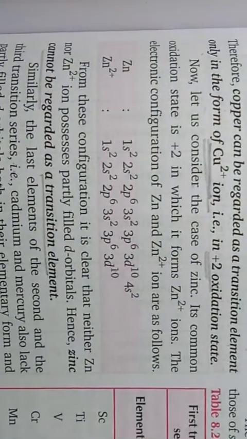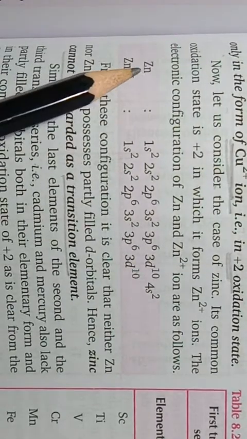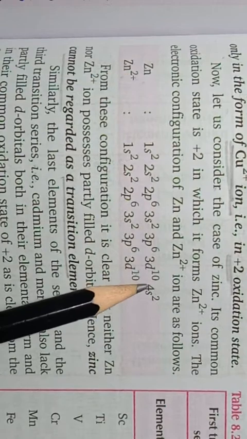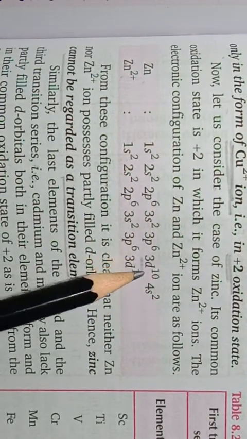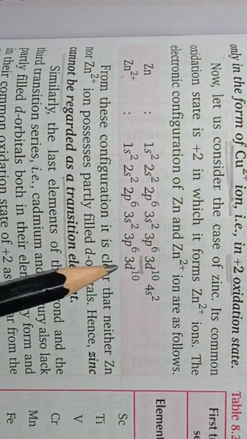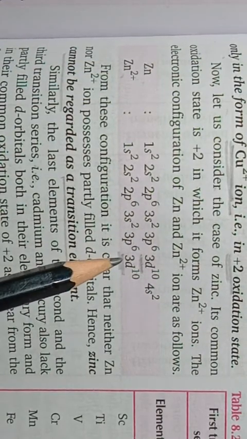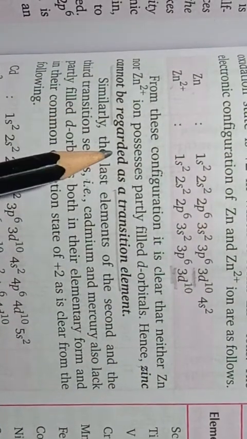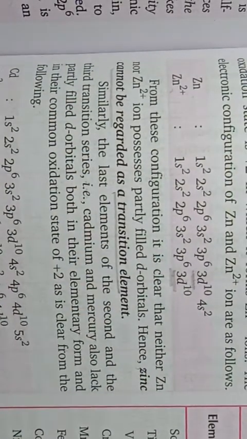Now, for the zinc atom and its ion, the configuration in ground state has complete d orbitals, and in plus 2 oxidation state again complete d orbitals. So it means zinc cannot be regarded as a transition element.